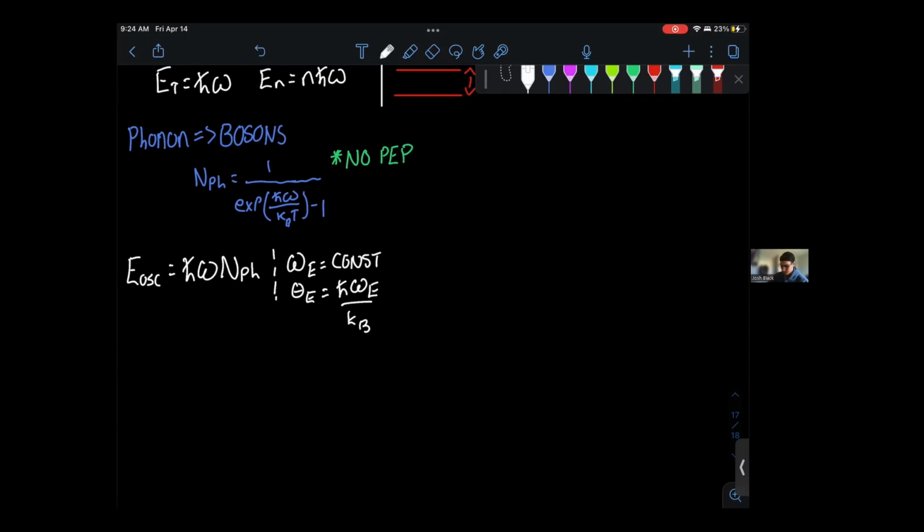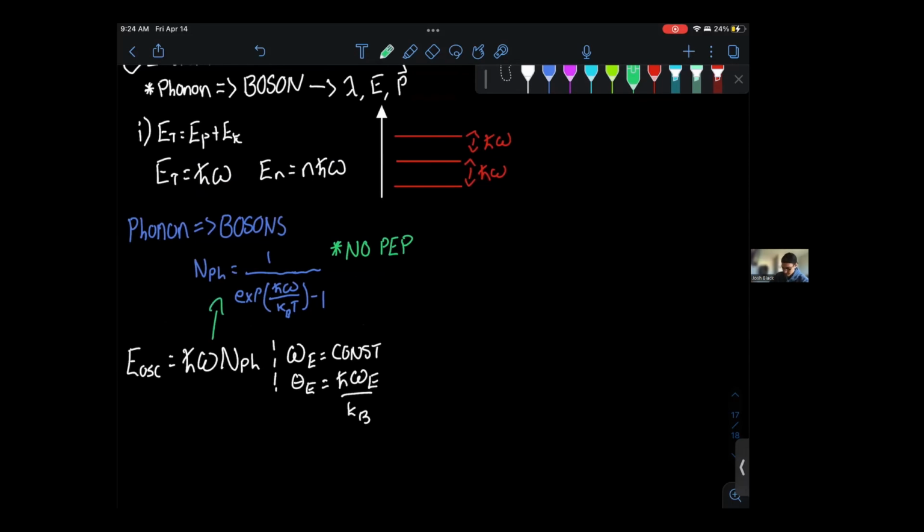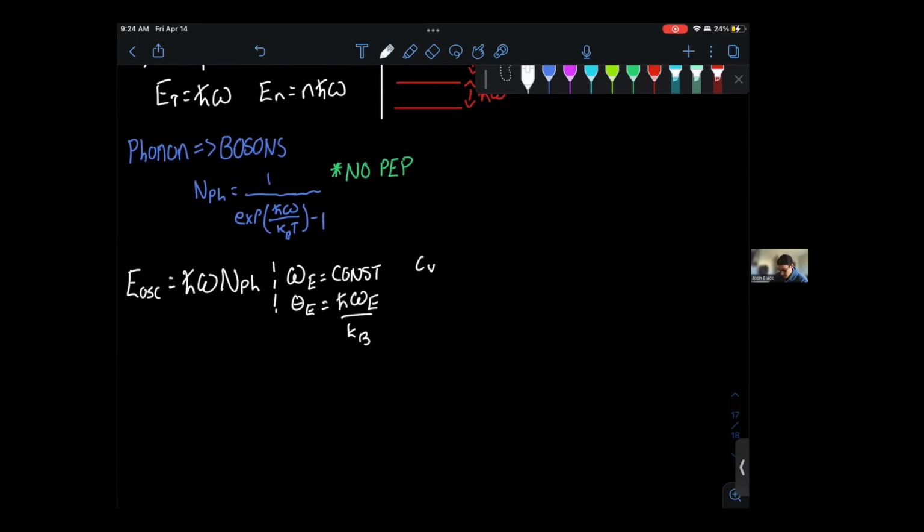So what happened was we found an energy statement right here. From there, we know that the number of phonons is equal to this equation. When we take the derivative of that, we get an expression for our specific heat capacity.